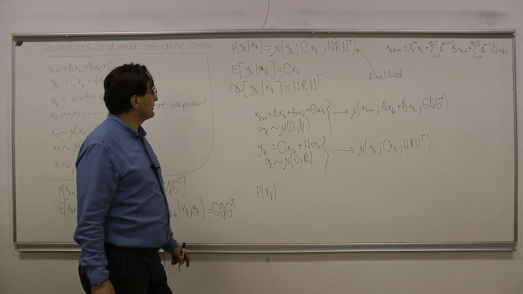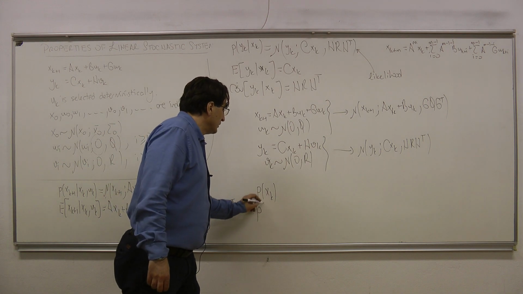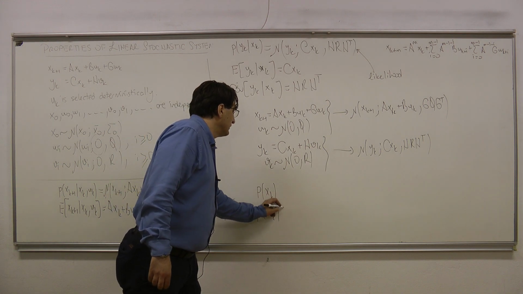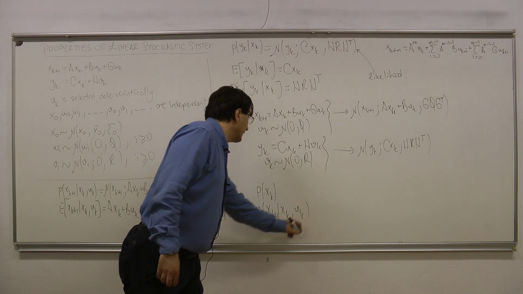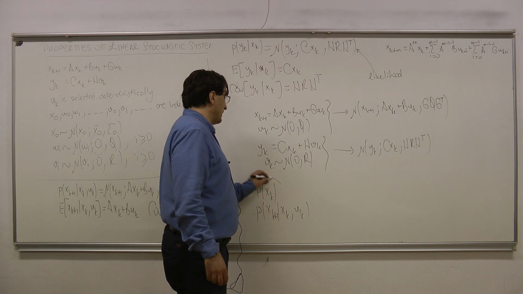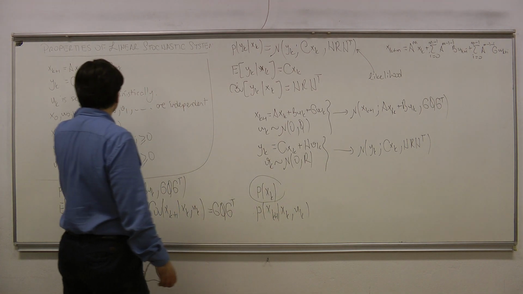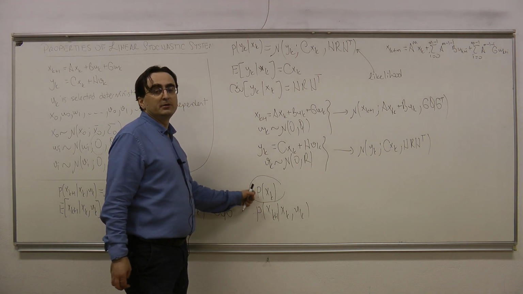the unconditional PDFs in this case. What we have found so far is the conditional PDF, p of xk+1 given xk and uk. We have found these conditional PDFs so far, but it is also possible with the linear Gaussian system to find the marginal PDFs.